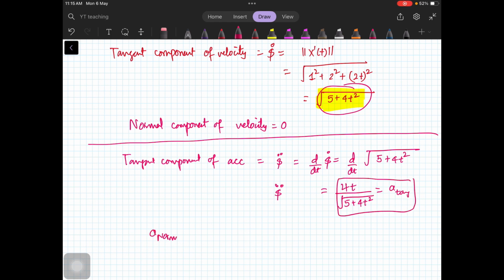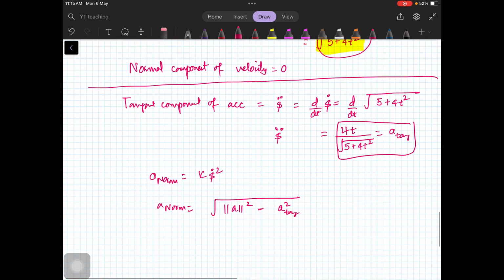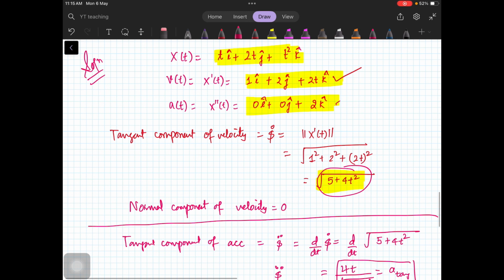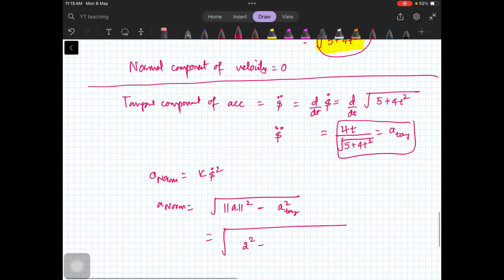So I have two choices. Either I compute kappa and do it like this, or I can use the second formula which we derived, that was the square root of modulus of acceleration squared minus tangential component of acceleration squared. So modulus of acceleration, we can just get it from here. You can see that mod of a is 2, right? So this would be 2 squared minus the tangential component we already calculated, so 16t squared upon 5 plus 4t squared.